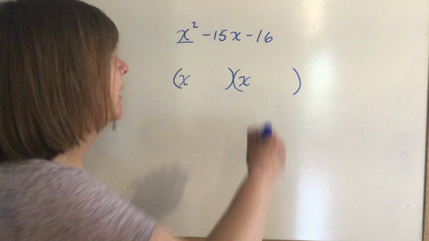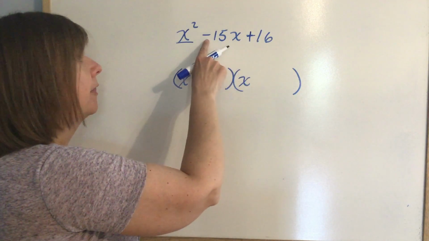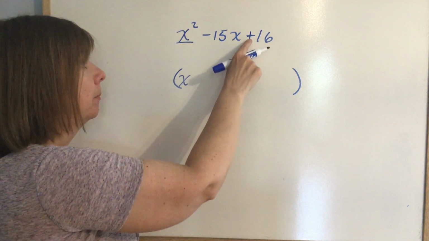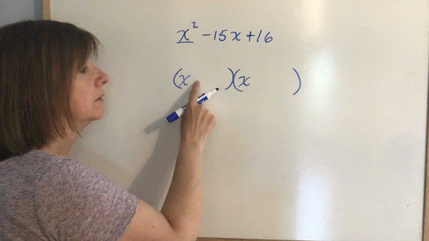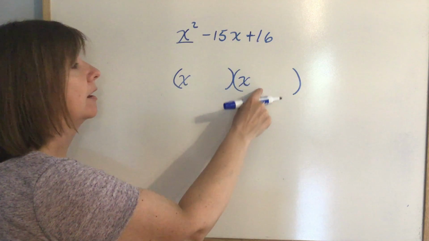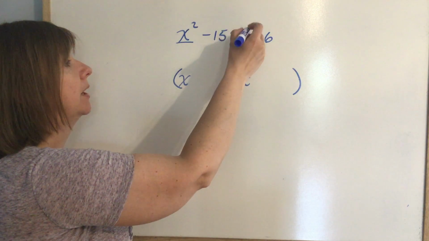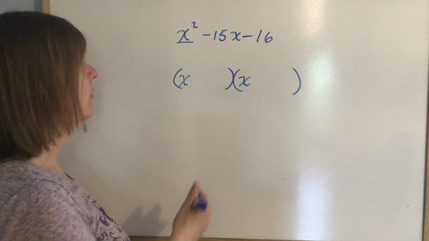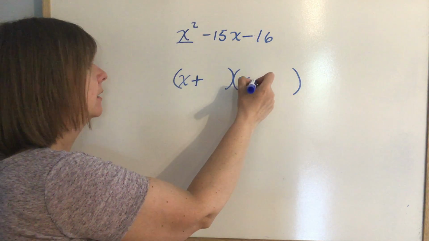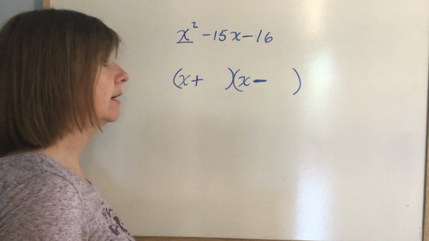If this was a plus and that was a minus, the plus would tell me the signs are the same. The minus would tell me I'm going to put a negative here and a negative here. But in this case, there's a minus here.